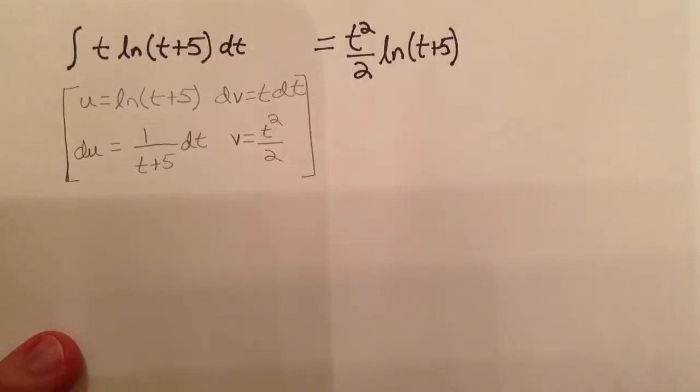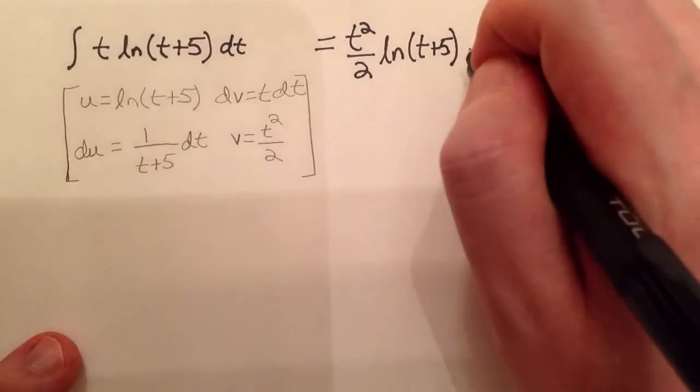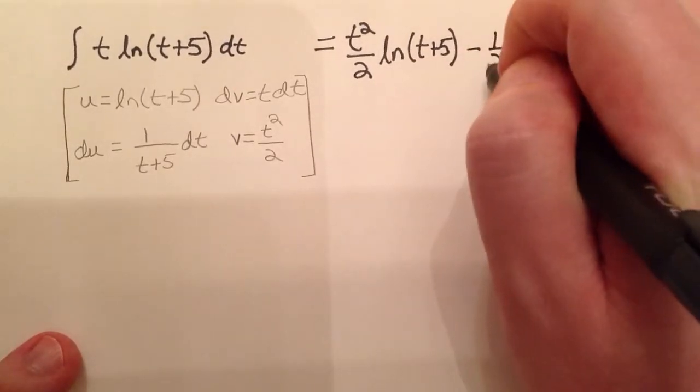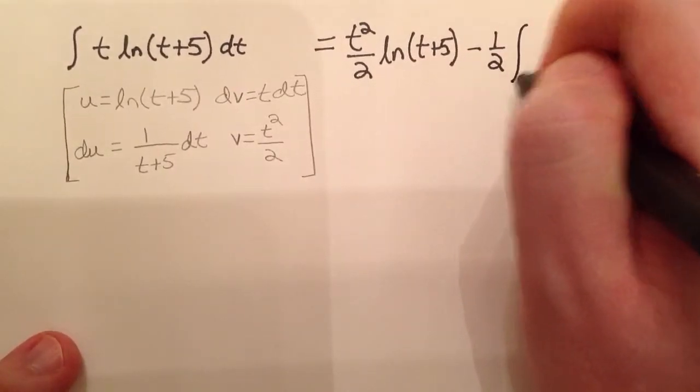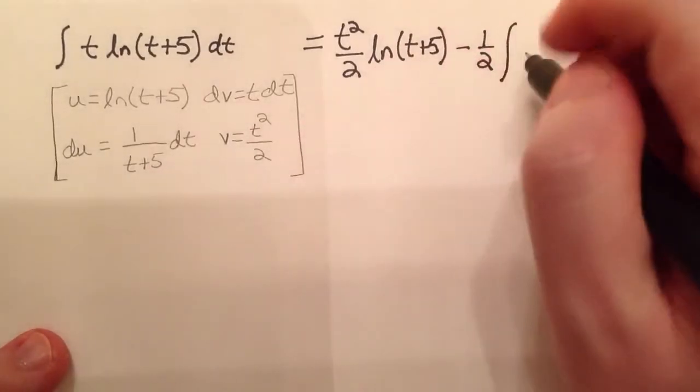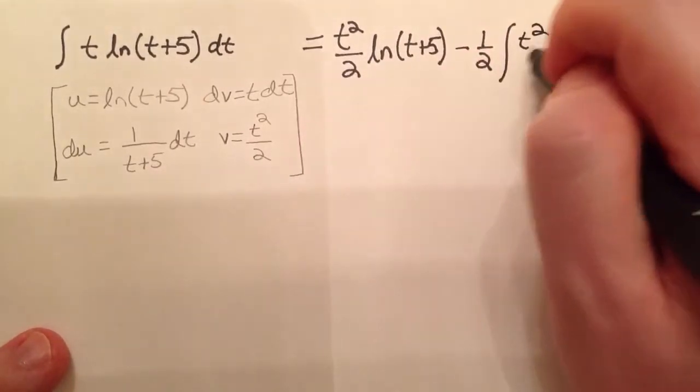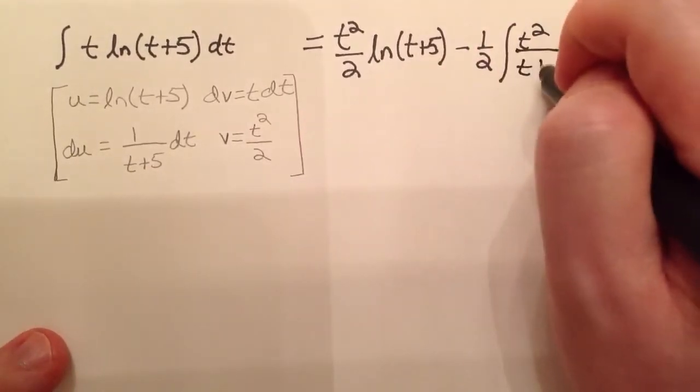Okay, and we have posed a little bit of a challenge in this setting. We're going to have minus 1/2, and this will be of the integral of t squared all over t plus 5 dt.